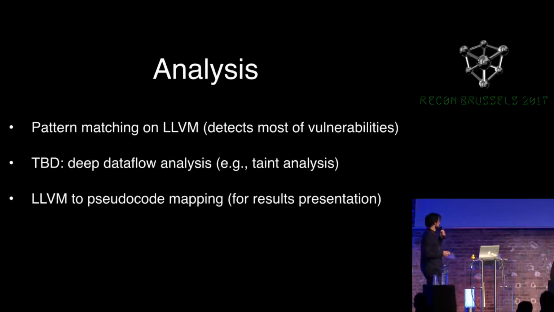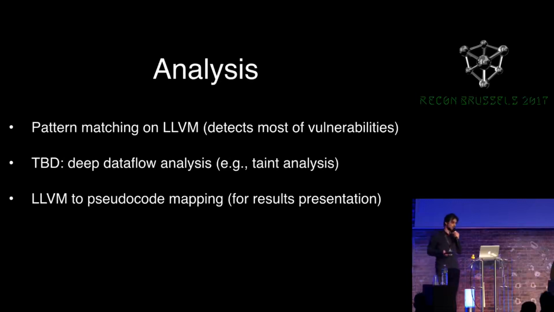Our research shows that the most dangerous vulnerabilities can usually be found by pattern matching. Also, pattern matching is fast, so it is important for large binaries. So we use pattern matching on LLVM for now.